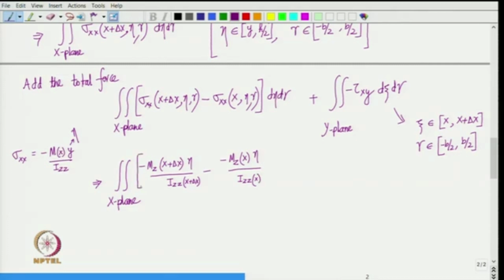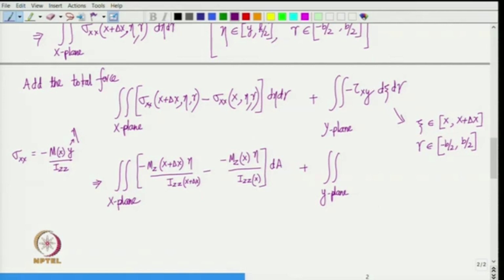Okay. So, we have this thing multiplied with the area dA of the x plane, right, and then plus over the y plane. So, we only take the bottom y plane, the top y plane where distributed load is acting.